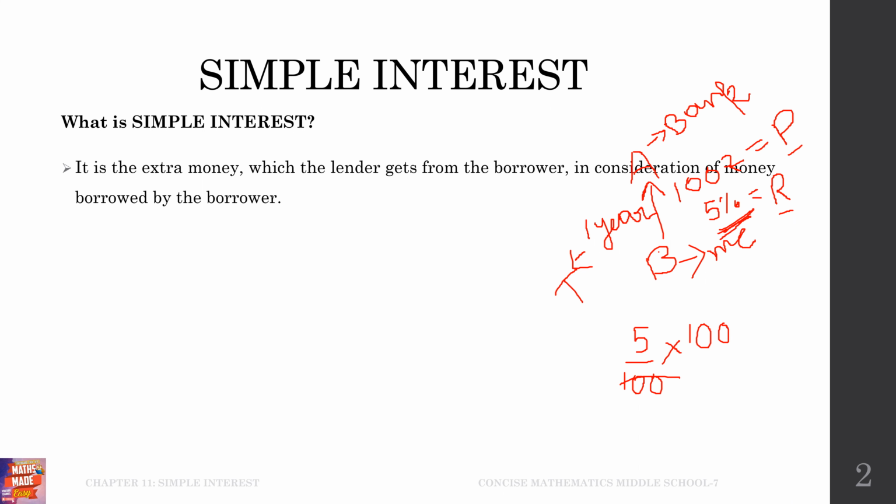Now this 100 and this 100 get cancelled and you will get 5. That means 5 rupees. Every month you have to give 5 rupees. In a year there are 12 months. So you need to give 5 rupees for 12 months, that is 12 into 5. Right, children? I hope it's very clear.